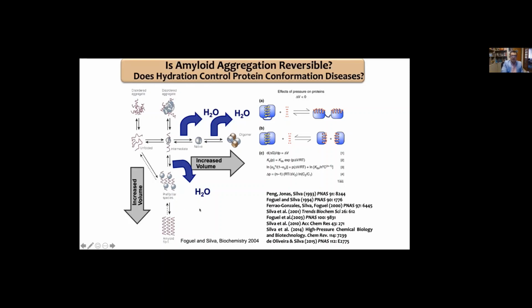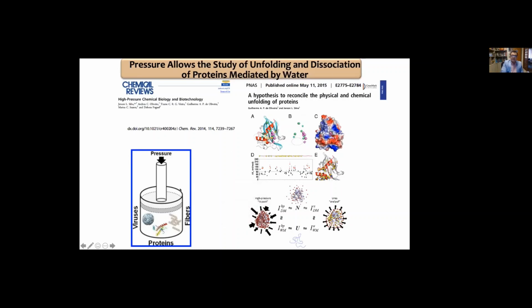We have observed several examples of proteins we can study, for example, dissociation of amyloid fibrils using high pressure. So we decided to use this technique with p53, especially because we have been very successful in the last 25 years using high pressure to study the dissociation of fibrils, viruses, and even the denaturation of proteins.